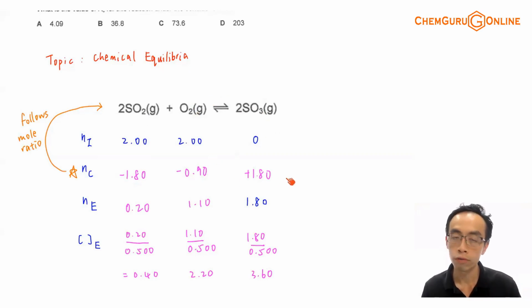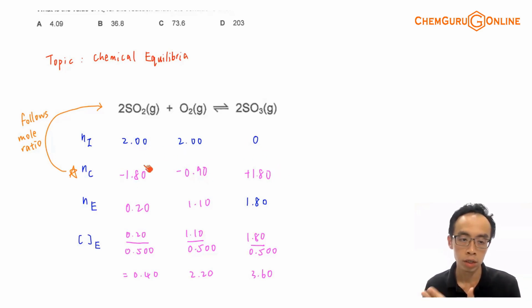So the change row will also follow the mole ratio of the balanced equation. The mole ratio for my change row will also be 2 is to 1 is to 2. This is 1.8. The change in the number of mole of SO2 will also be 1.8, and the change in the number of mole of O2 will be 0.9. Mole ratio is 2 is to 1 is to 2, 1.8 is to 0.9 is to 1.8.